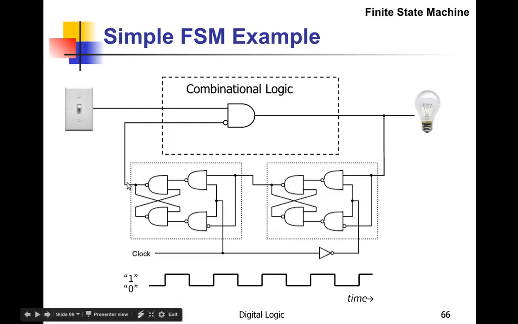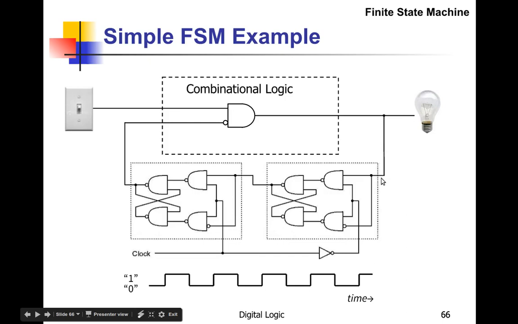So let's suppose the state we start out with is a 1 here. I'm going to assume we're starting out right down here with a low clock. A 1 here goes to the other side of this bubble to be a 0, and a 1 and a 0 gives a 0, and the light is off.